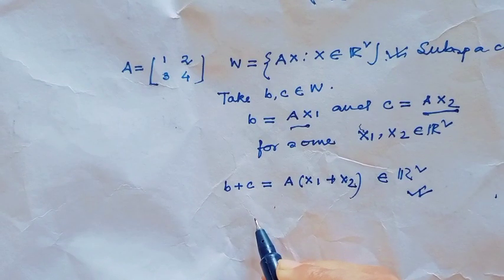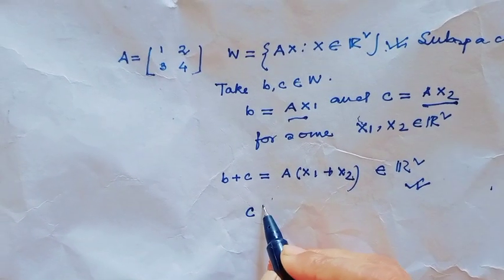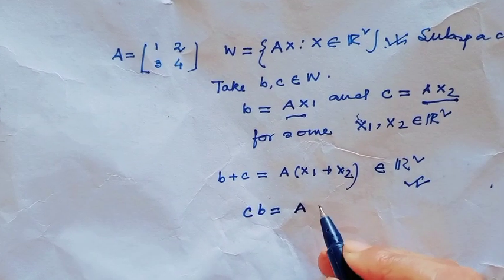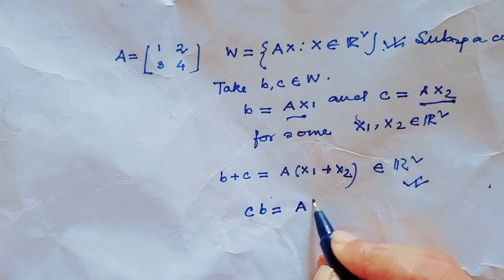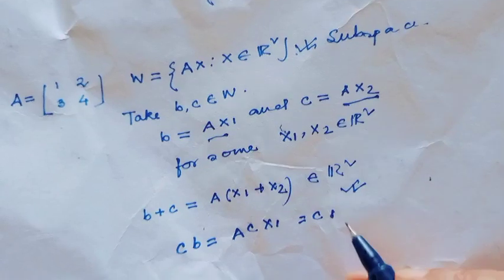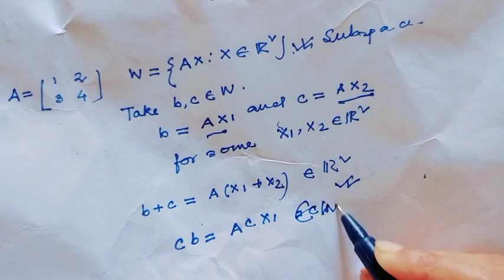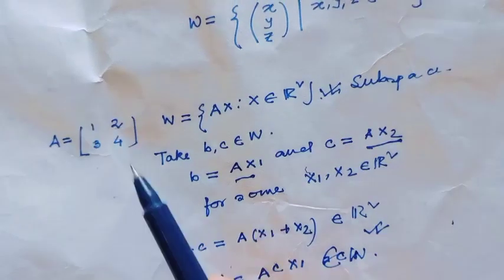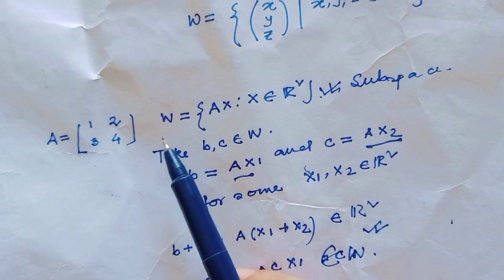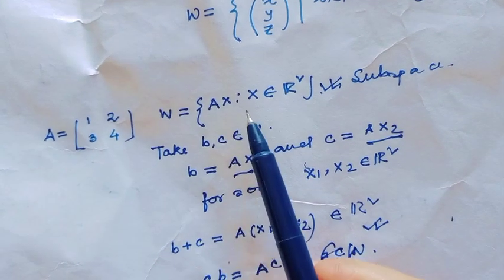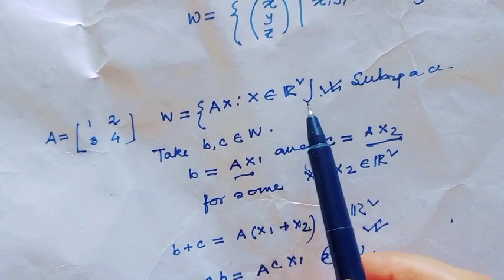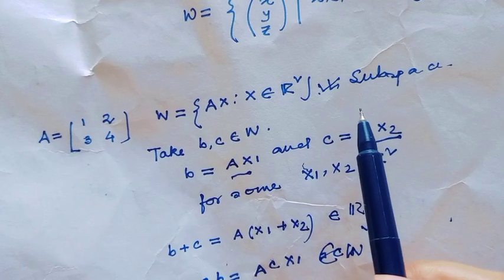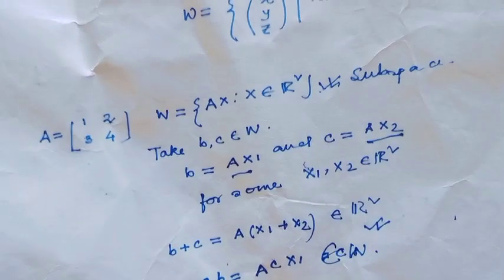And for any scalar c, cB equals A(c x1), and obviously this belongs to W. So, if we fix any matrix A, the solution set W equal to AX such that X belongs to R2, this type of set is actually a subspace of R2.